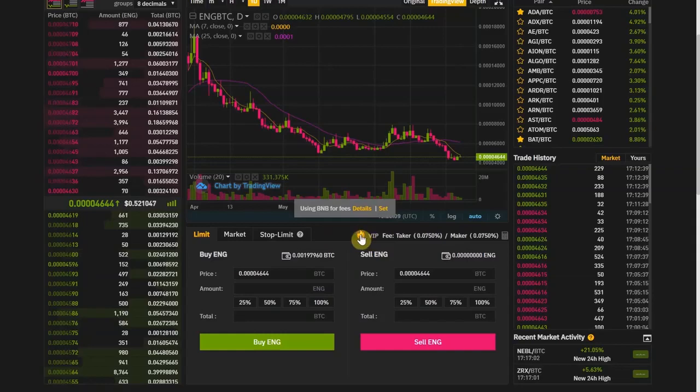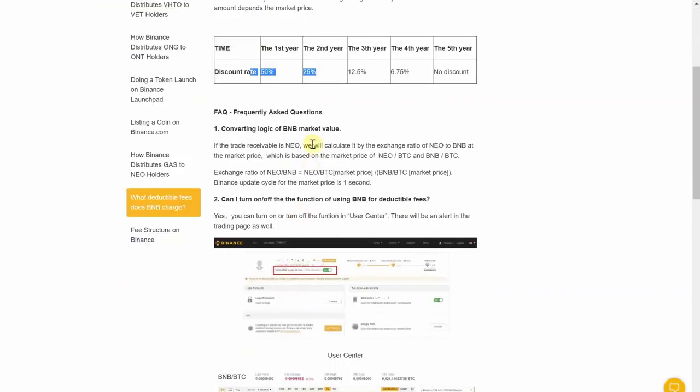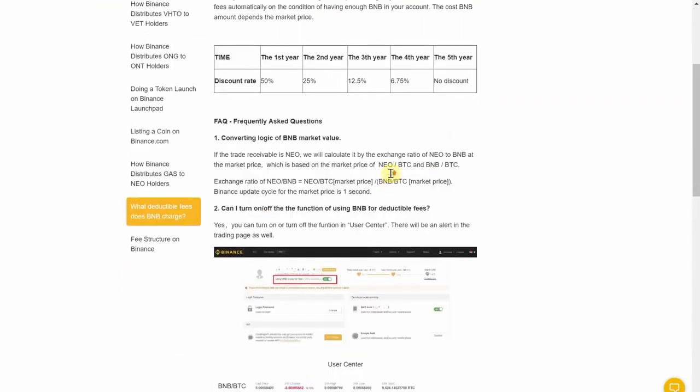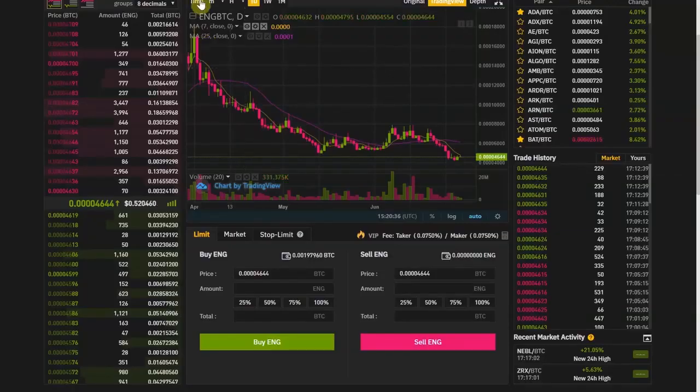I'm not really sure how the thresholds work. Oh, okay, that's it. So you can read about it here. They explain how you convert and how it works, basically using BNB to pay for your fees. I strongly recommend it.